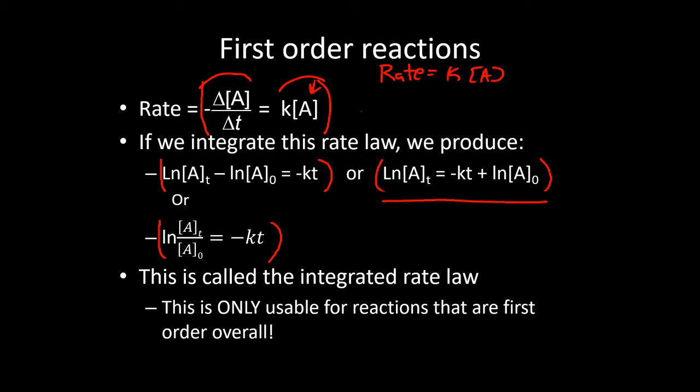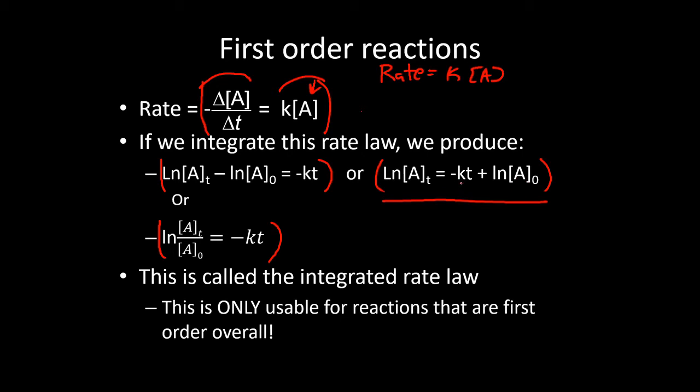Now this particular equation is only useful and can only be used for first order reactions. If you have a second order reaction or a zero order reaction, you cannot use this equation. But if you have a first order reaction, this is a very handy equation because it allows you to relate the concentration of a reactant at any time in the reaction to the initial concentration if you know the rate constant.